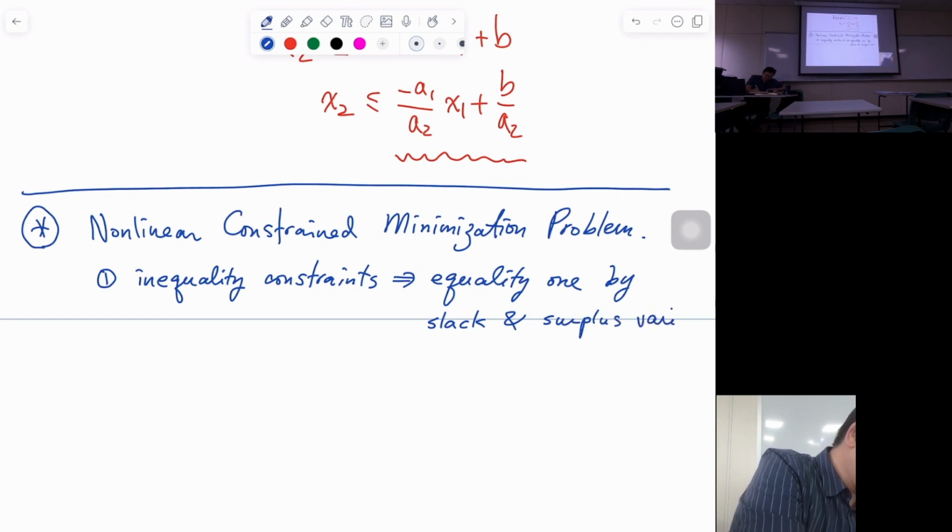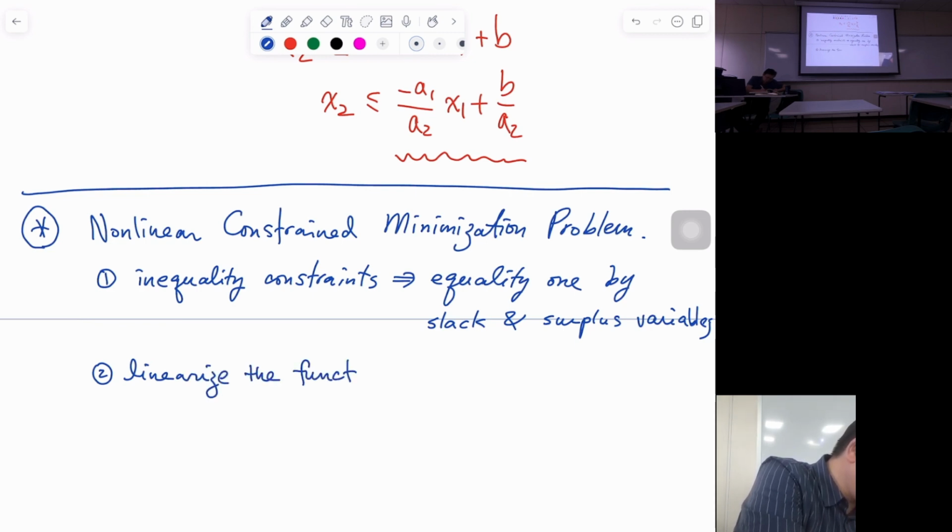Right? So this is what we just discussed. Second thing, if you have nonlinear equations, you can always linearize it by what?